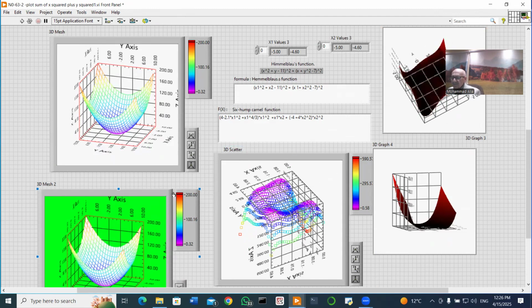No problem. Okay, so I think now you have a good idea how to plot a surface or a scatter plot with three coordinate systems by using Python and by using LabVIEW.